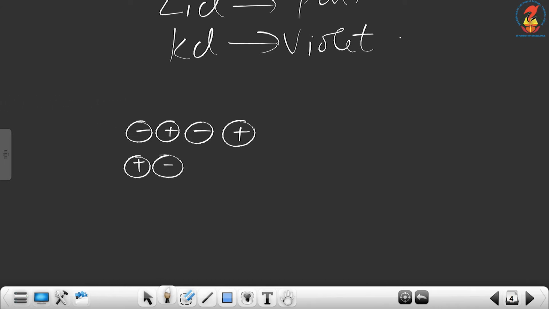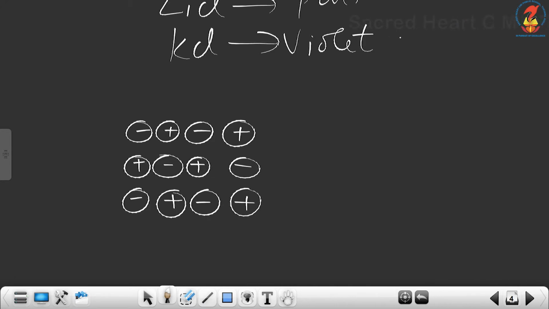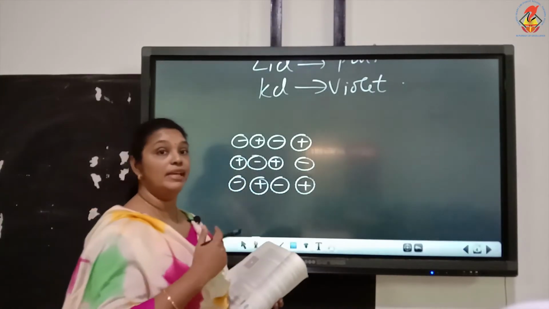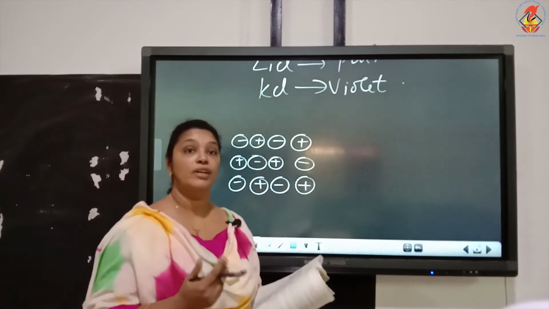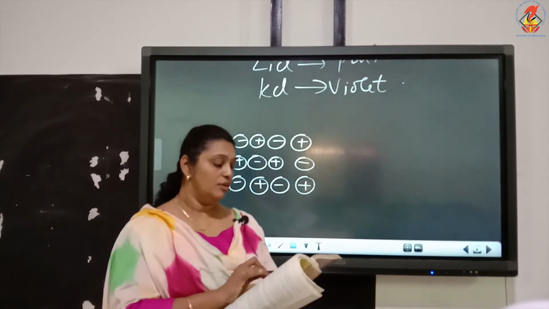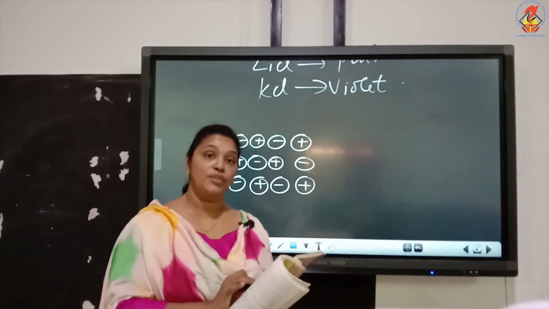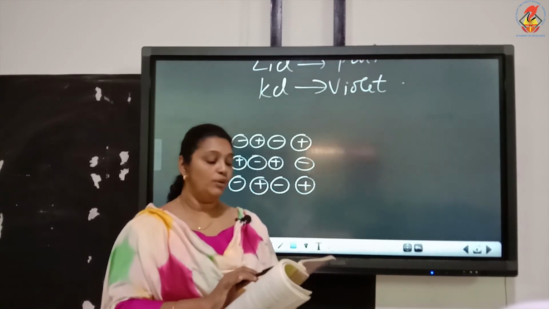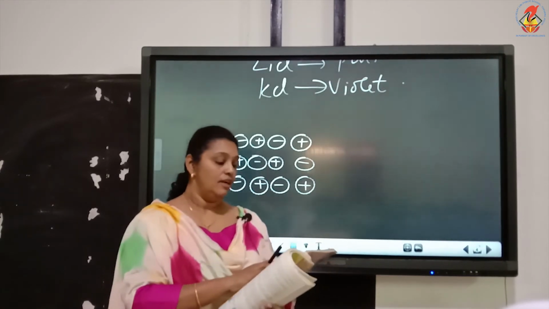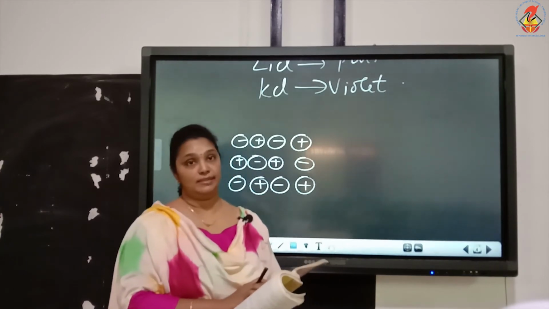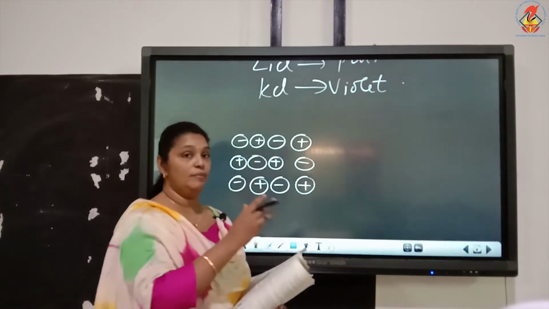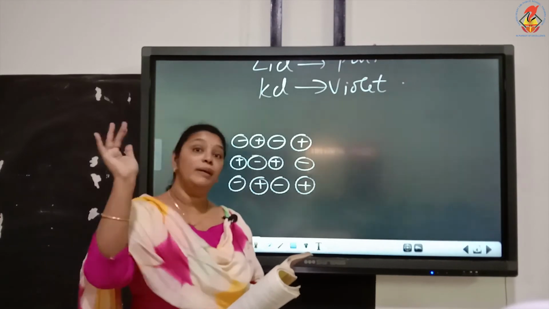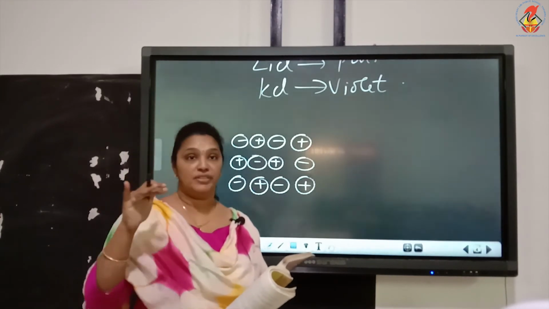Minus represents chloride ion and plus represents sodium ion. Plus, minus, minus, plus. Now, this is sodium chloride crystal, and I am heating this in presence of sodium vapors. So the sodium atoms are deposited on the surface of the crystal.